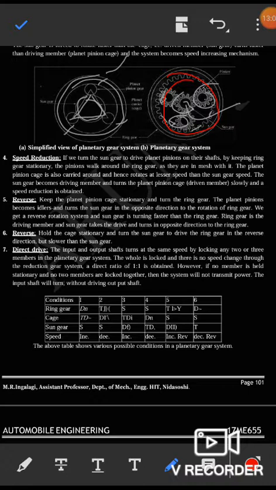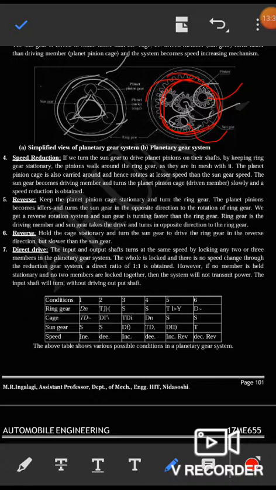The planet pinions become idlers and turn the sun gear in the opposite direction to the rotation of the ring gear. These are the planet pinion gears.